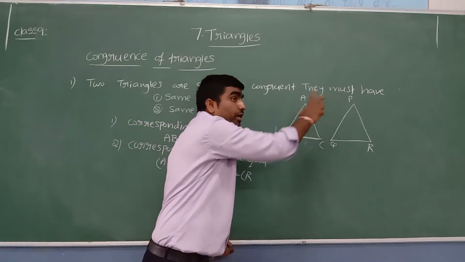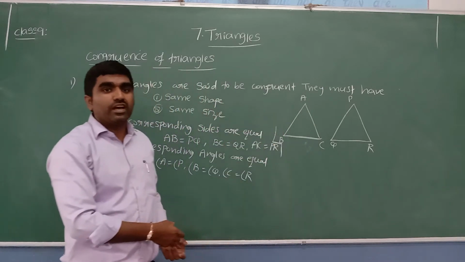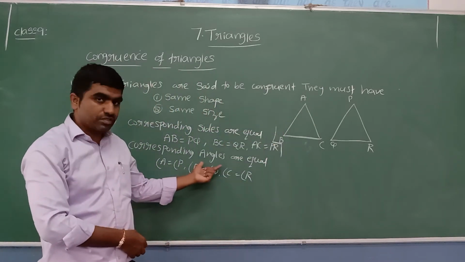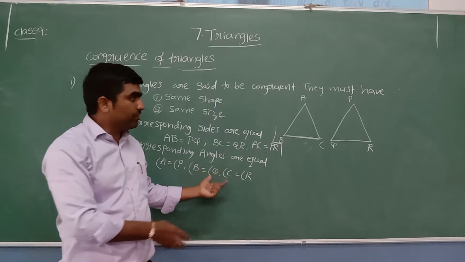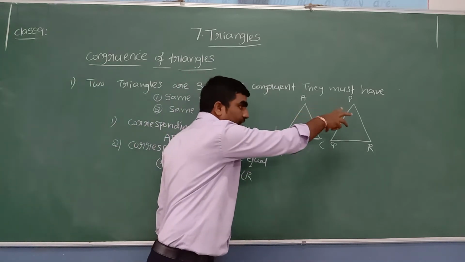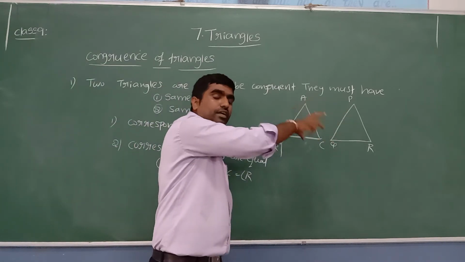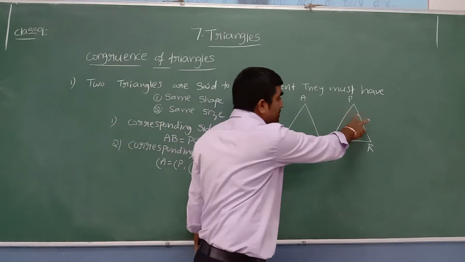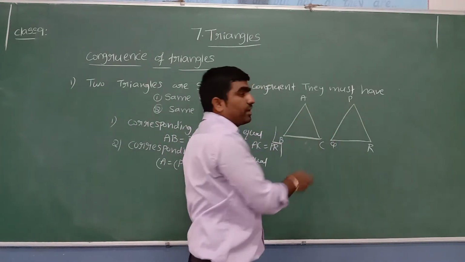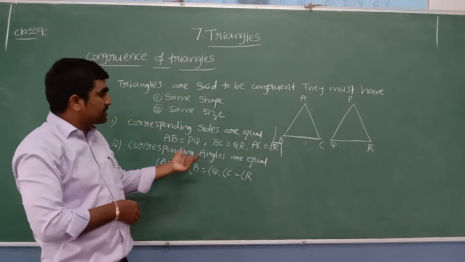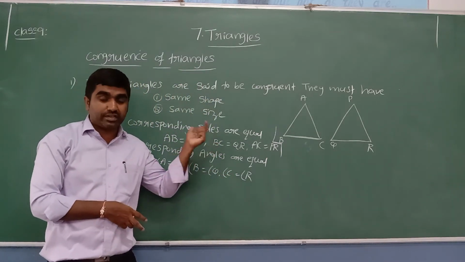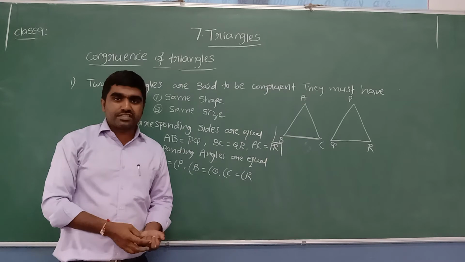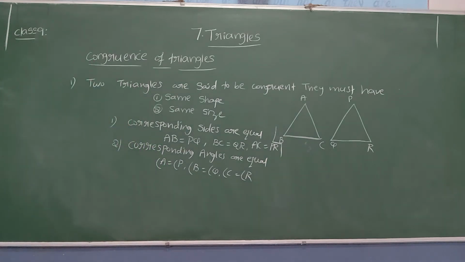When will angles coincide? When their measures are equal. So when we keep one triangle over the other, if they are congruent, they will coincide 100%. Sides will coincide with corresponding sides, angles will coincide with corresponding angles. From there I said this condition: corresponding sides are equal, corresponding angles are equal.